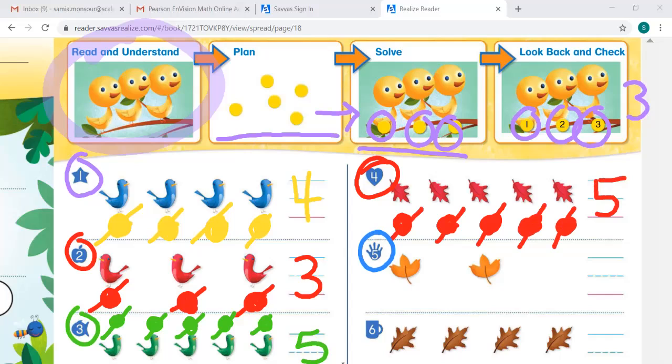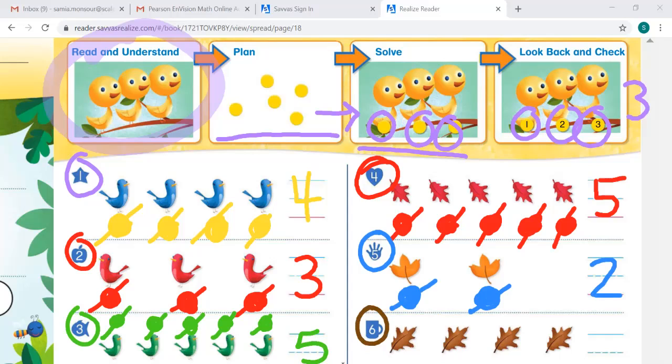Okay, and look, we're on number 5. So we're going to put our counters on each of our leaves. Let's count them. 1, 2. So the last number we said was 2, and that means there were 2 leaves. Okay, now we're on our last problem right here.